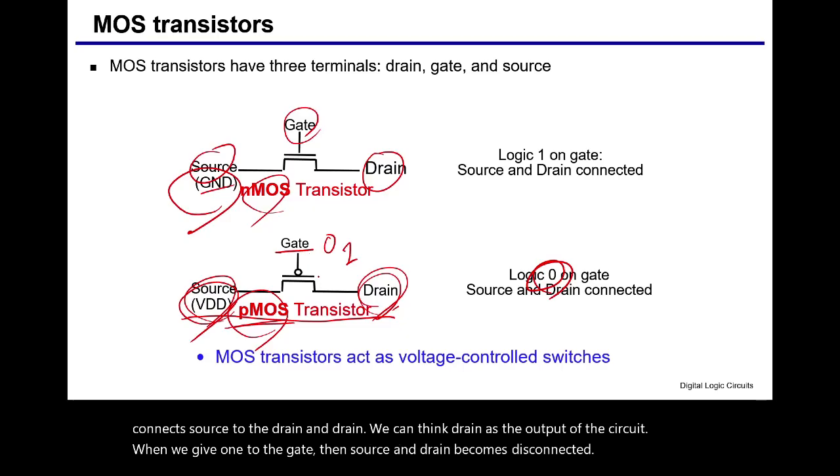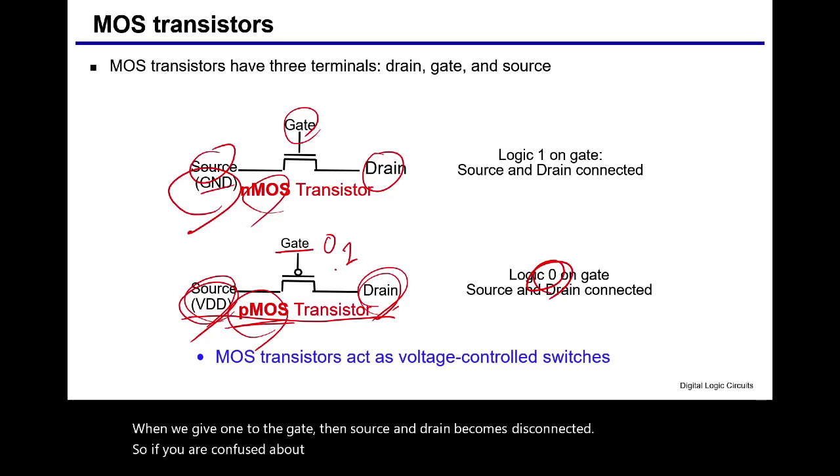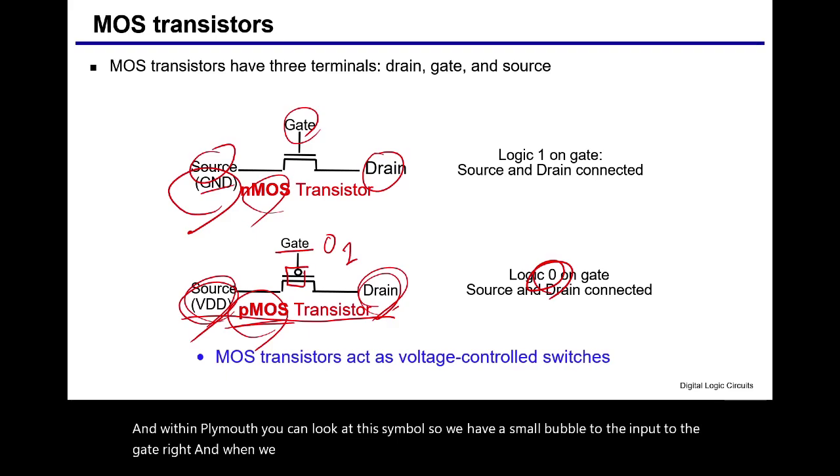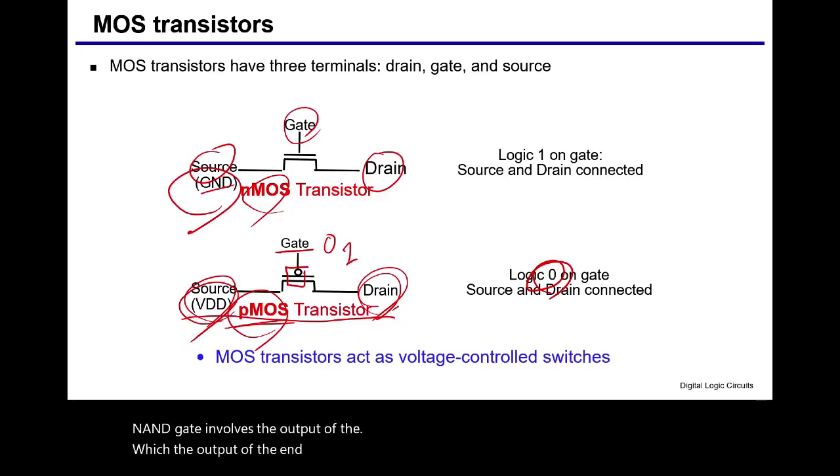So if you're confused about the difference between NMOS and PMOS, you can look at this symbol. So we have a small bubble at the input to the gate, right? And when we were explaining a NAND gate, the small bubble at the output of the NAND gate inverts the output of the AND gate to become a NAND gate, right?